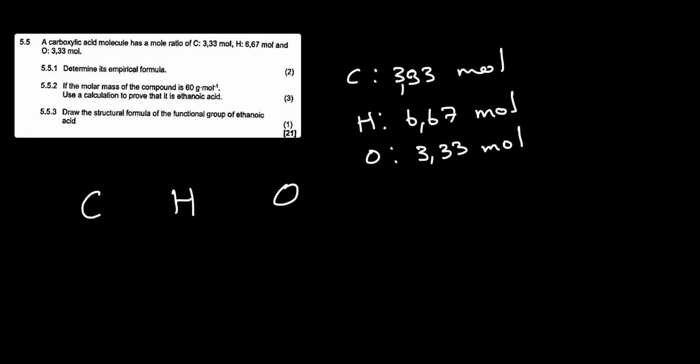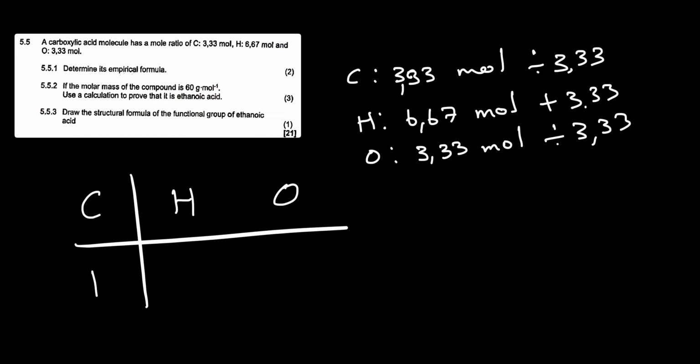So we're going to divide everything here by the lowest number of moles we have, and the lowest is just going to be 3.3. We're going to divide everything by 3.3. So 3.3 divided by 3.3, the ratio of carbon is just going to be 1.